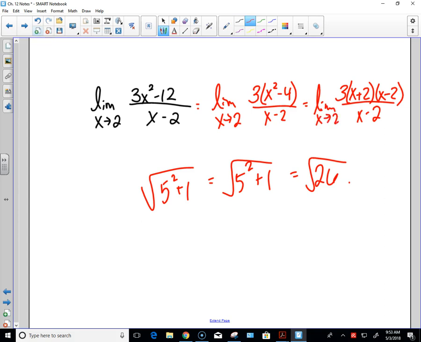Let me show you another explanation real quick. What if it was this one? When do you stop writing the square root?